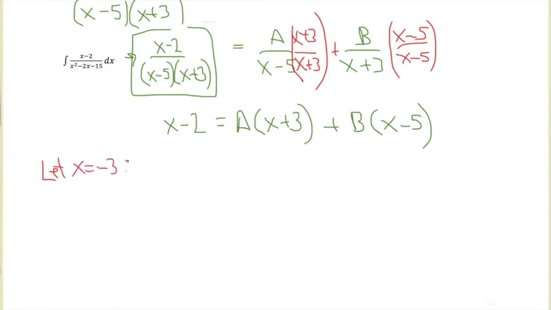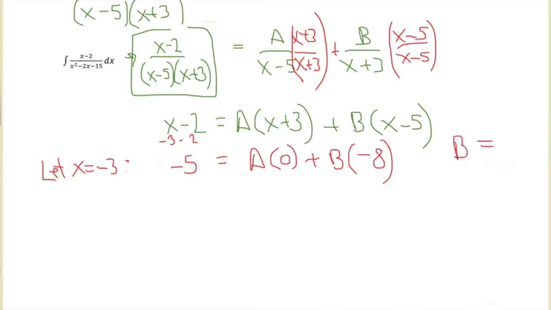What do you got? Well, negative 3 minus 2, we've got negative 5 equals a times 0, which is how we designed it, plus b times negative 3 minus 5 is negative 8. So b is equal to 5/8, right? So now we got to find a way to get rid of the b. So we'll let x equal 5.